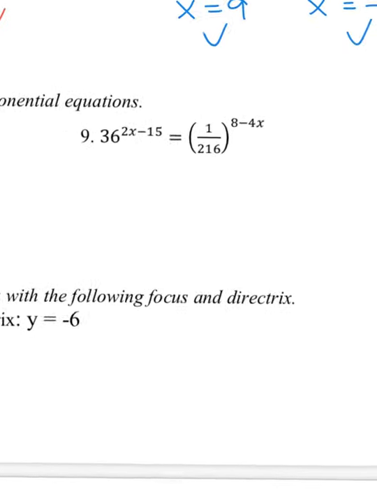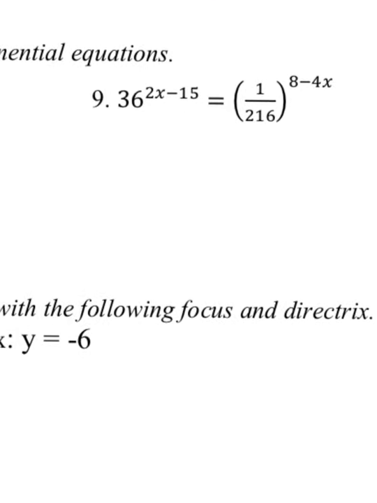For number 9, if you want to, you could rewrite this as 216 to the negative first power. You don't have to, but between 36 and 216, that common base is going to be a 6. So this is 6 to the second power raised to the 2x minus 15.